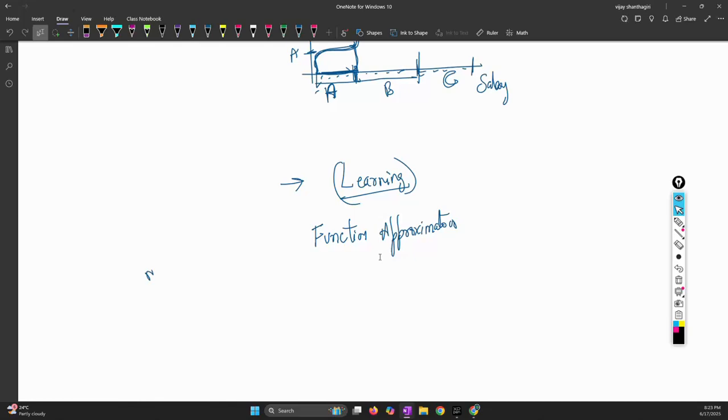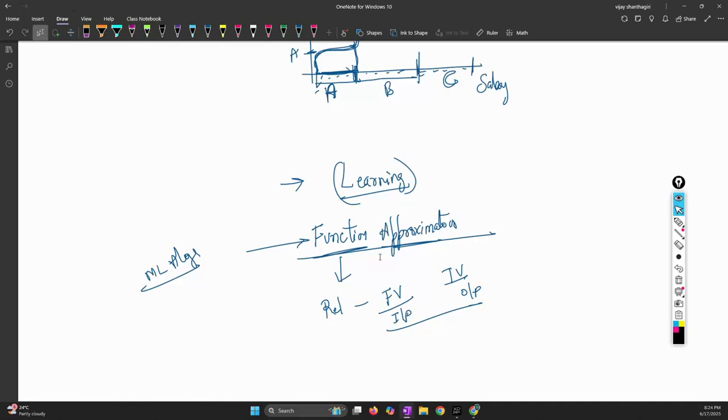So all ML algorithms are nothing but function approximators. It is approximating the function between, it is approximating the function. This function is supposed to be the relationship between feature vector, which is your input, and target vector, which is your output. That's all. Okay, this is a function approximator.